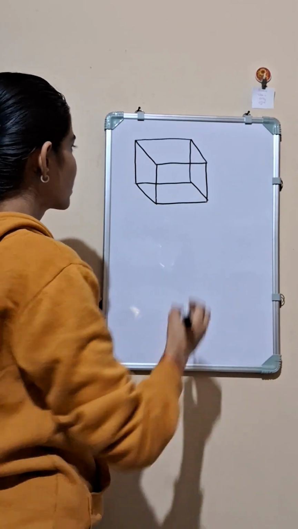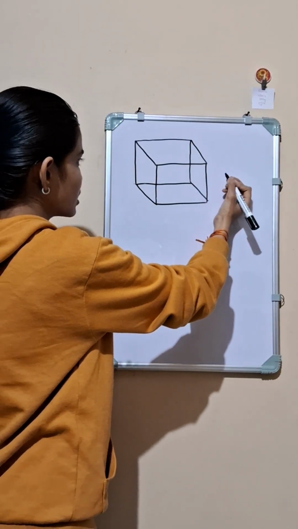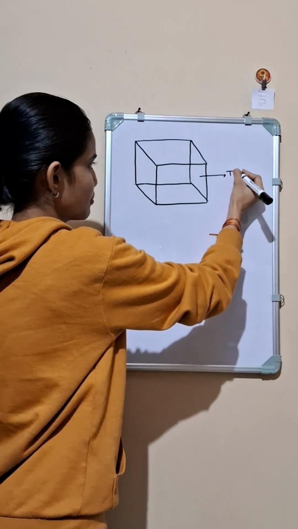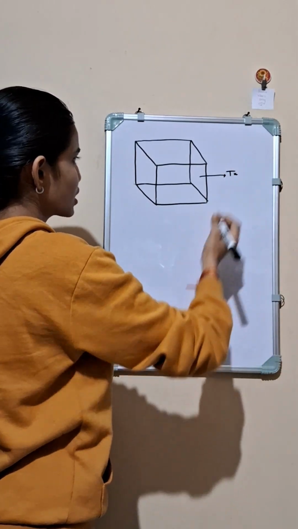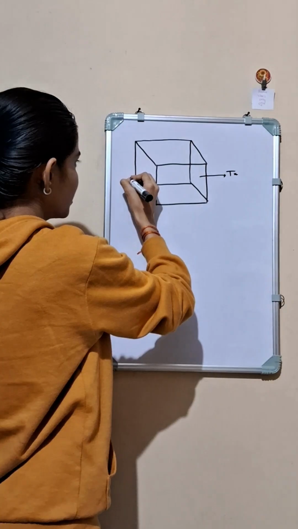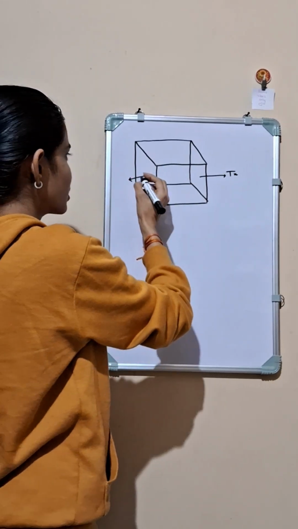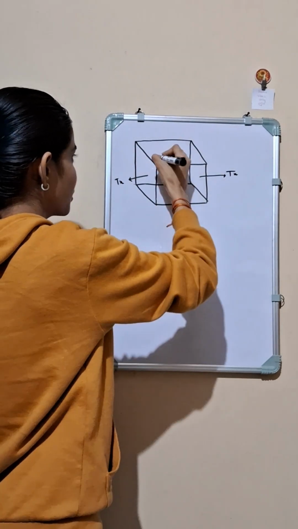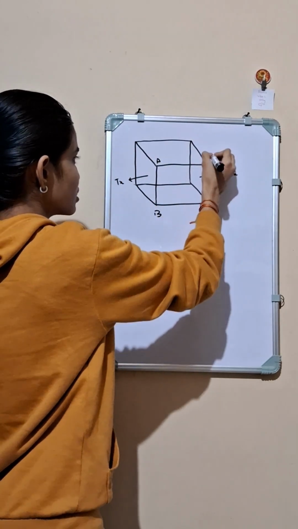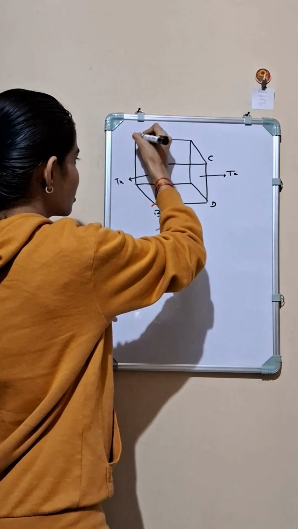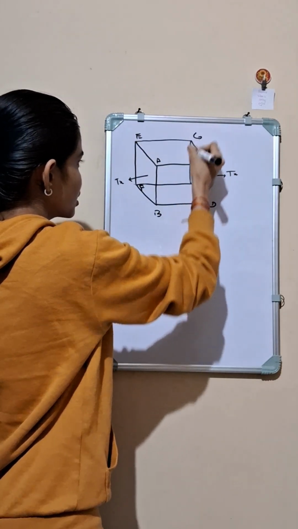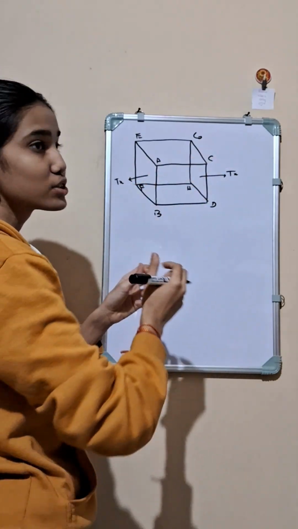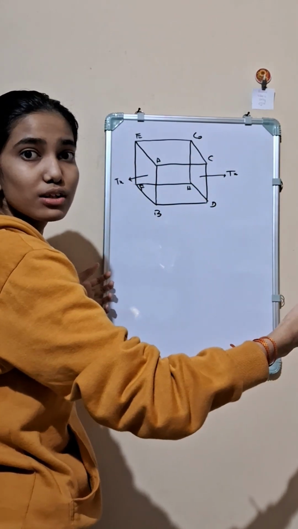So now we can say that a force Tx is being applied in this direction and another on the opposite face of this, and let's first name the vertices A, B, C, D, E, F, G, H. I am applying the same amount of force on both of its faces in opposite directions.